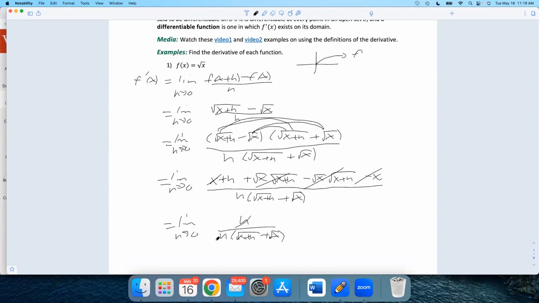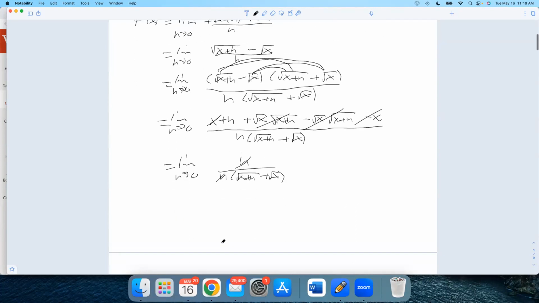Oh, look, the h is canceled. That's going to happen every time we're finding a derivative. So this is just limit as h approaches 0 of 1 over root x plus h plus root x. Now I can actually take the limit.